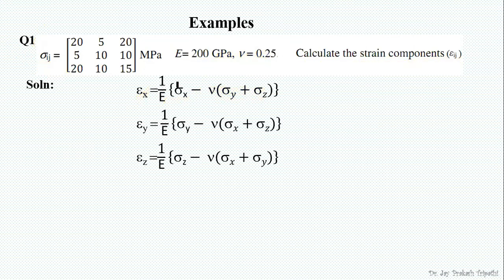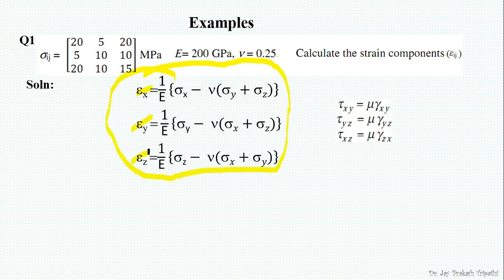If we use these three relationships, then we can find out the normal strain components epsilon x, epsilon y, and epsilon z. For calculating shear strains gamma xy, gamma yz, and gamma zx, we can use these three relationships. So by using these 6 relations, we can find out all the strain components.